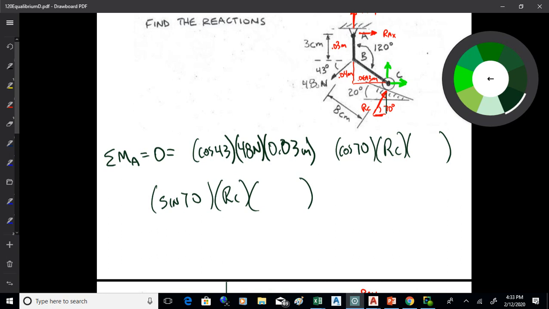So that cosine 70 RC is the x component. Which moment arm would I use with that? For the x component there, now I've got an x force. If you think of pushing on a wrench on that line, the wrench would be connected like that, right?